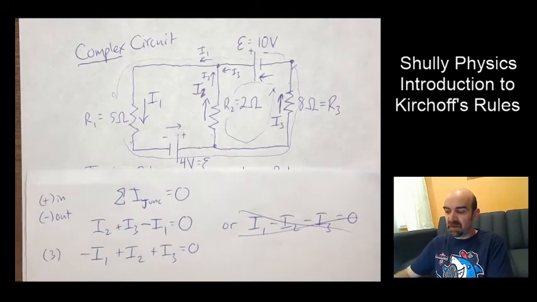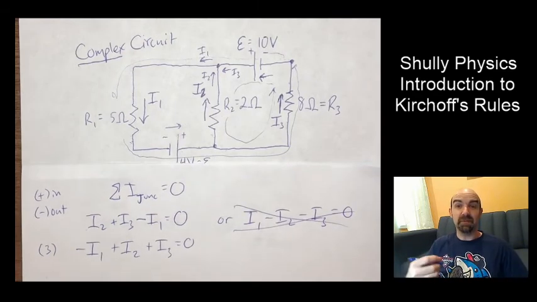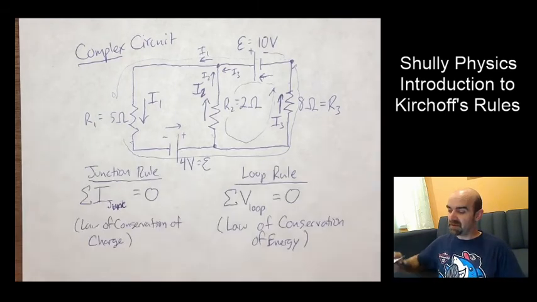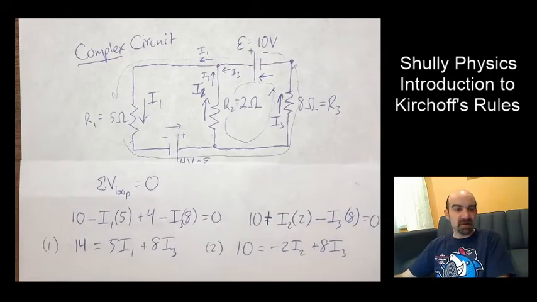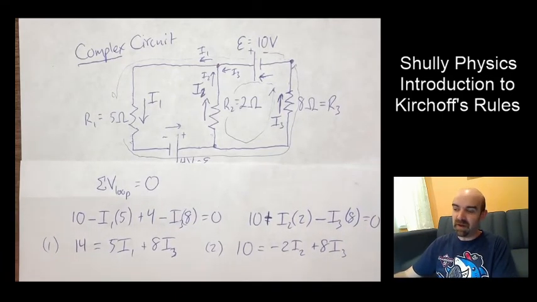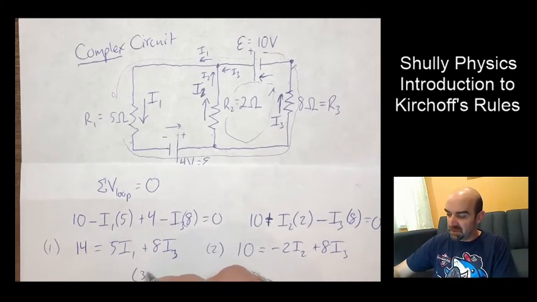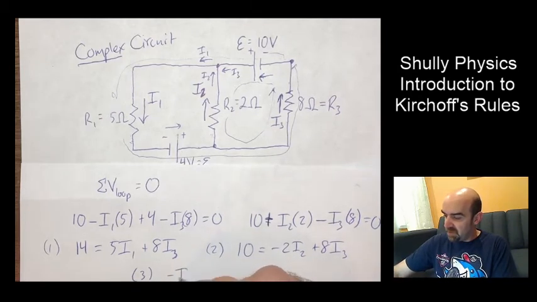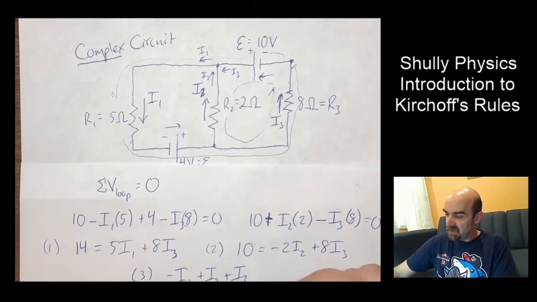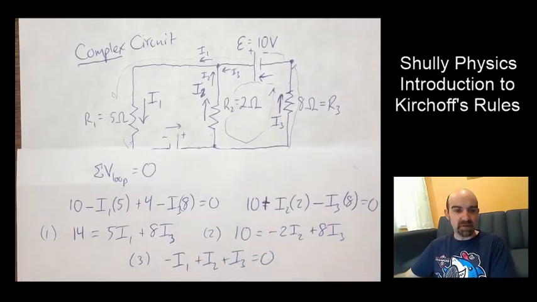So what's important about this is it says how those currents compare. We have a list of currents involving the potentials on this side, but we don't really know how they compare. This junction rule gives us that comparison. So I'm going to rewrite that third equation down here, negative I1 plus I2 plus I3 equals 0. And that's our body of equations.